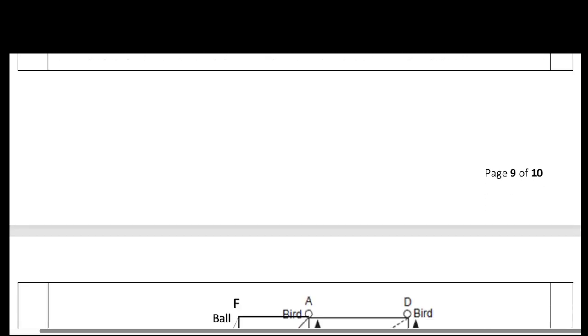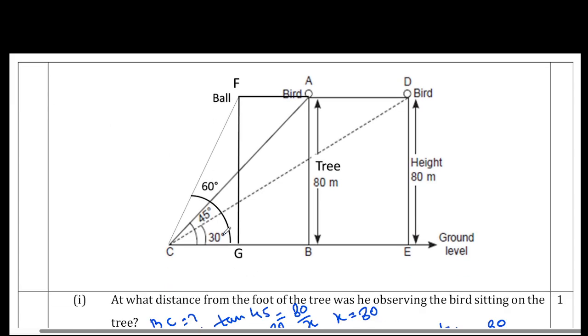So in this diagram you can see what they are telling here: an 80-meter tree, here the bird was there, and the ball hit it, the bird flew away and a 30-degree angle formed, and the ball returned back with a 60-degree angle, and the tree is at an elevation of 45 degrees.